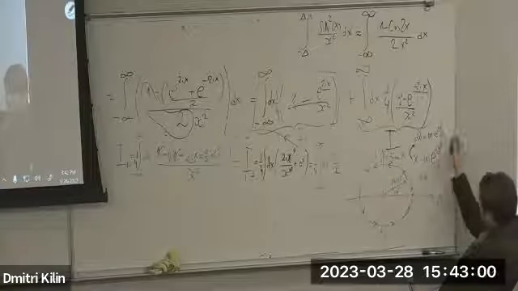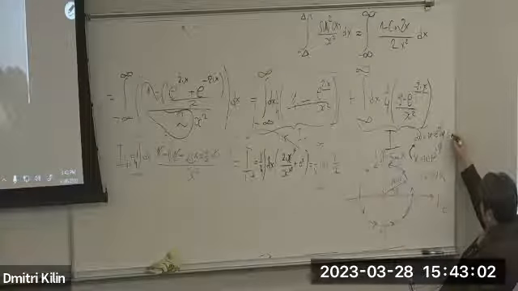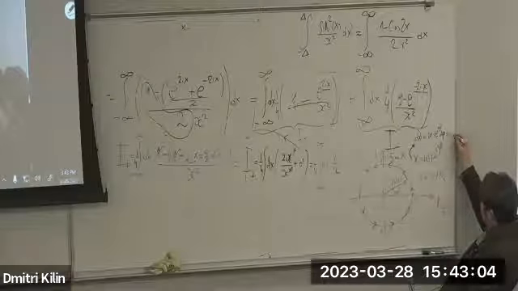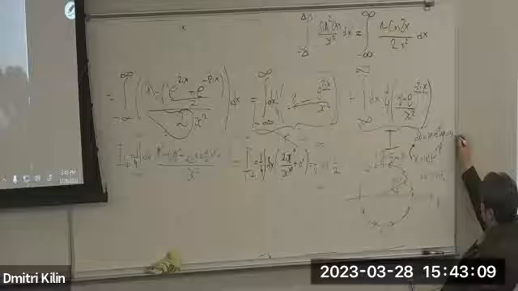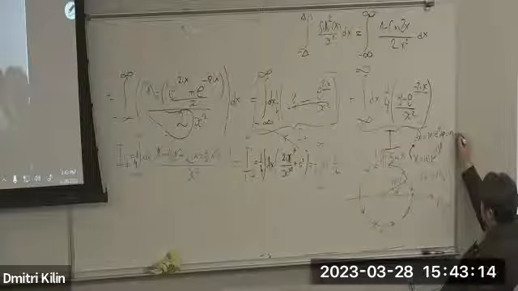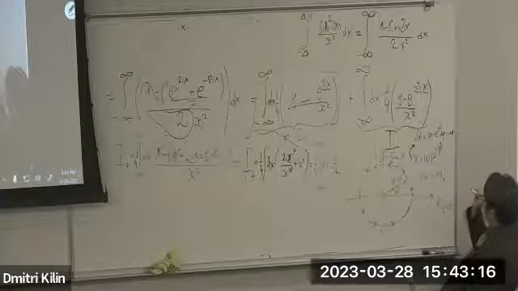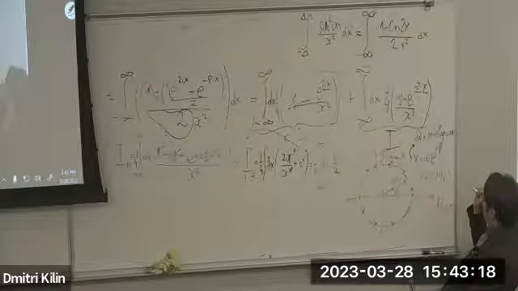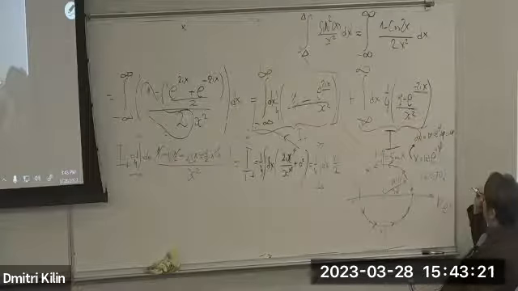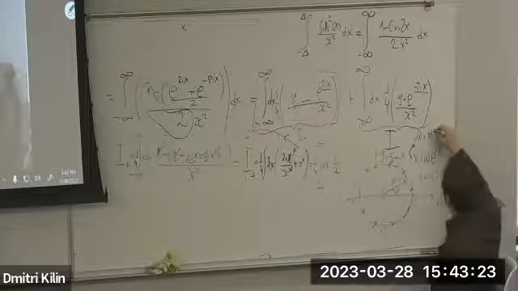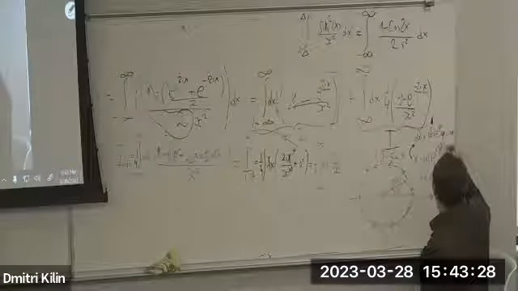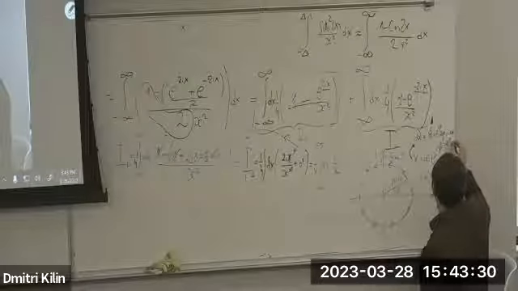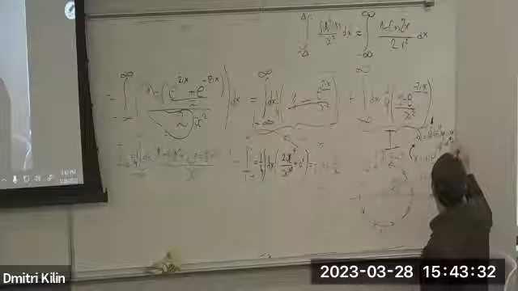And then we will get i x d phi. But our x is equal to 1, we agreed on it by the rule of the game. It is i e^(i phi) d phi.